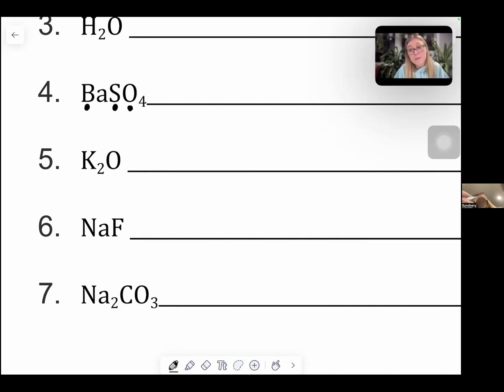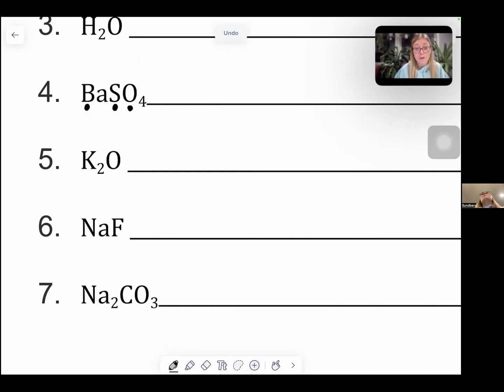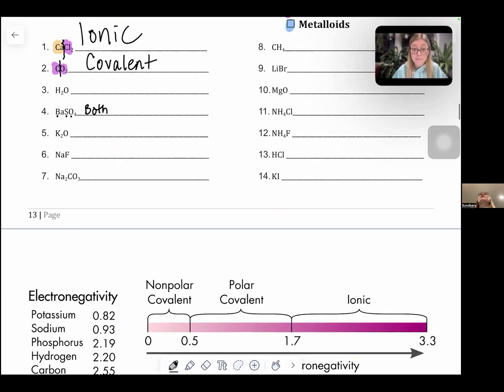And what happens with the compounds that have three elements in them or three capital letters, is this part right here bonds covalently, and this part bonds here ionically. And so we end up getting a compound that has both ionic and covalent bonds. So we just write the word both.